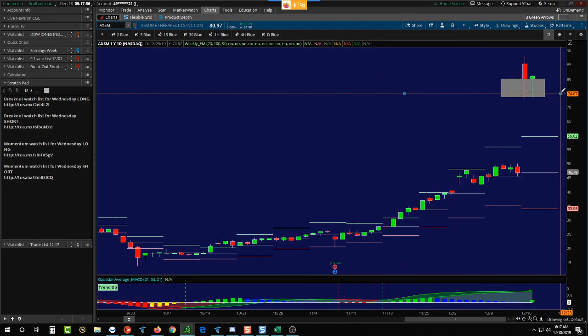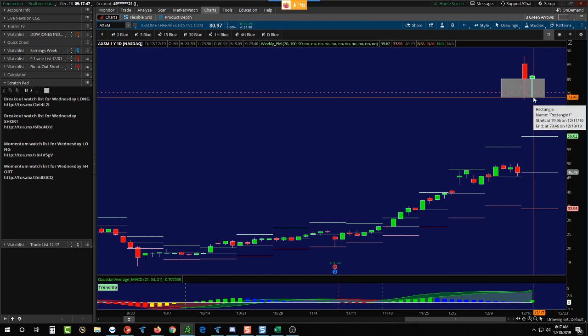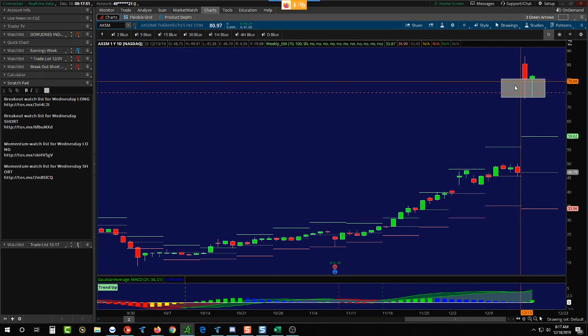The market seems comfortable with the idea that its new valuation is above $75. We would look for it to maintain that. It's already tested that low twice. The hammer is giving an indication that the market's looking to keep it up there.